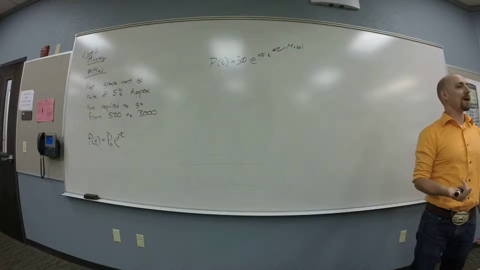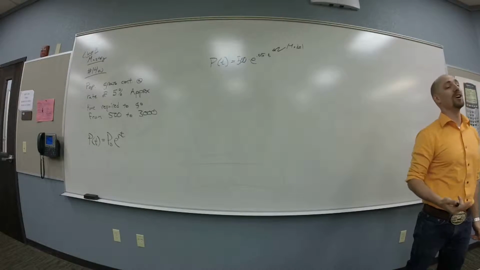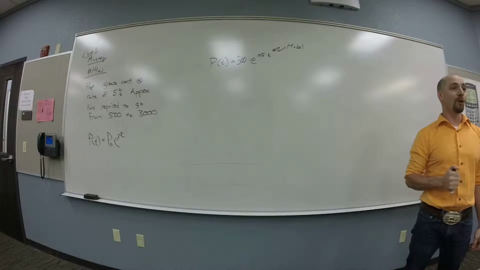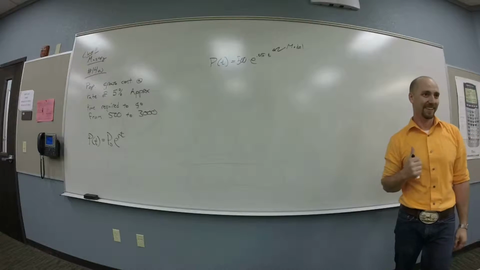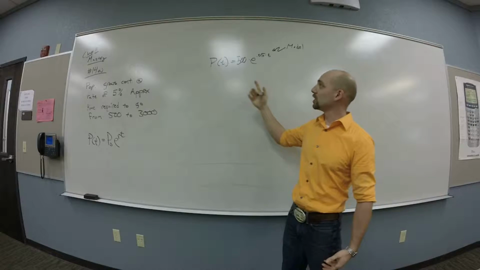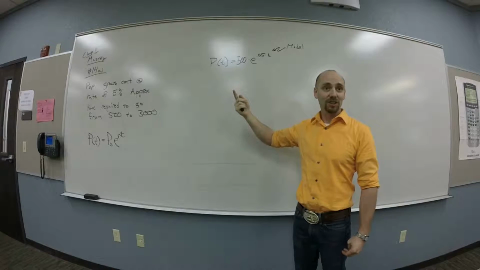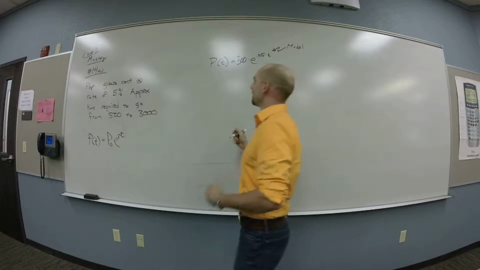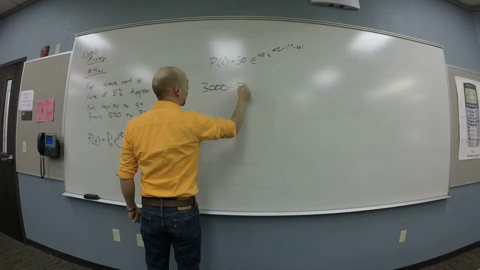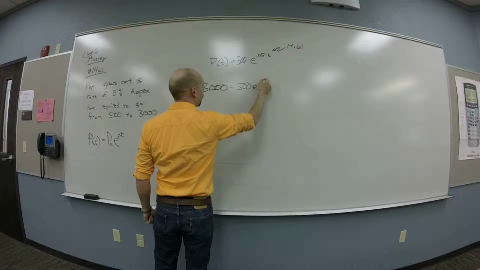If I wanted to know what the population was going to be in 3,000 years, I would cram t equals 3,000 in there. That'll give you a really big number. So I should put the 3,000 on the P side of the equation, right? Because it's an output. So I'm wondering, 3,000 is 500 e to the 0.05 t.